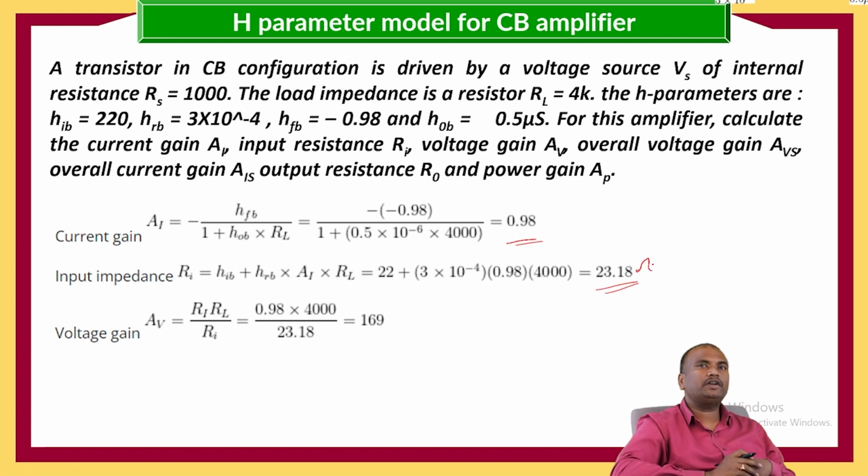This is the input resistance, where the voltage gain AV is equal to AI into RL by Ri, which is equal to 0.98 into 4000 by 23.18, which is equal to 169.